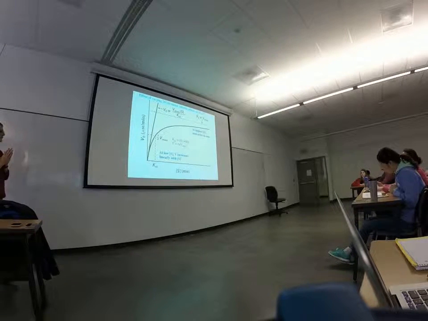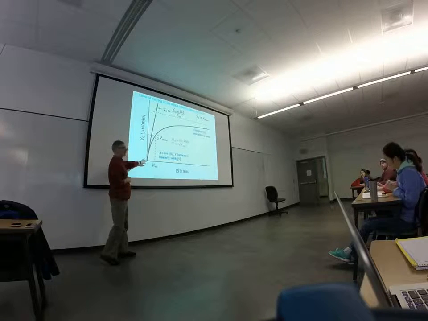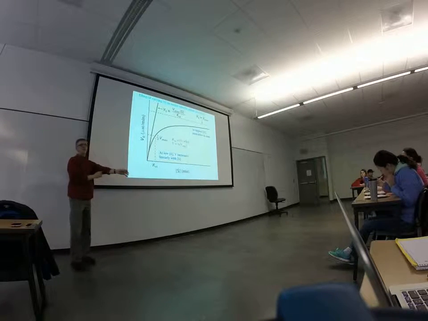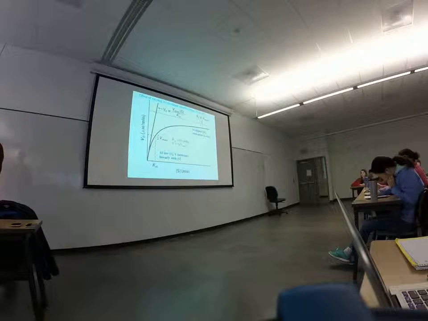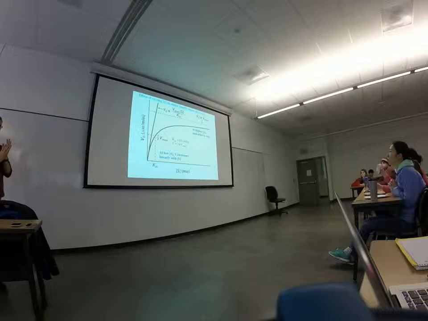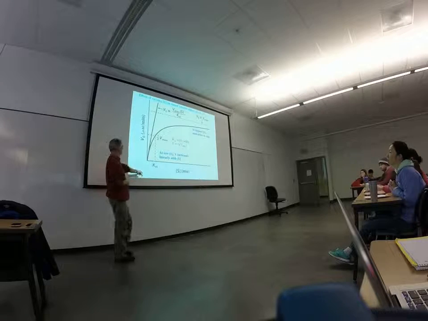All right, so you can substitute in, for example, substrate concentrations much less than Km in the equation V equals Vmax S divided by Km plus S, which is the Michaelis-Menten equation that we derived. And if you do that, what you get is a linear equation. And the linear equation will approximately fit this line here.